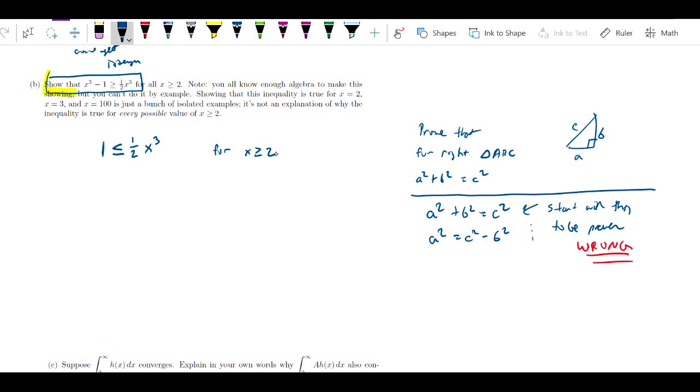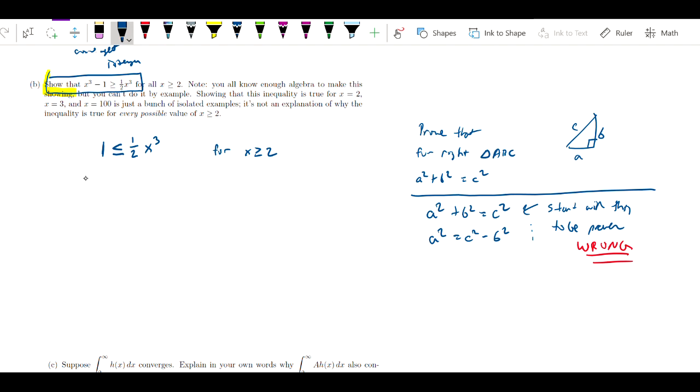That's a statement that I think we can all get behind. It's certainly the case that if x is equal to 2, then x cubed is 8, and 1/2 of that is 4. So it's certainly the case that 1 is going to be less than that. And of course, x cubed just keeps getting bigger and bigger as x gets larger, so it's never going to get down to as low as 1. So this statement is true.